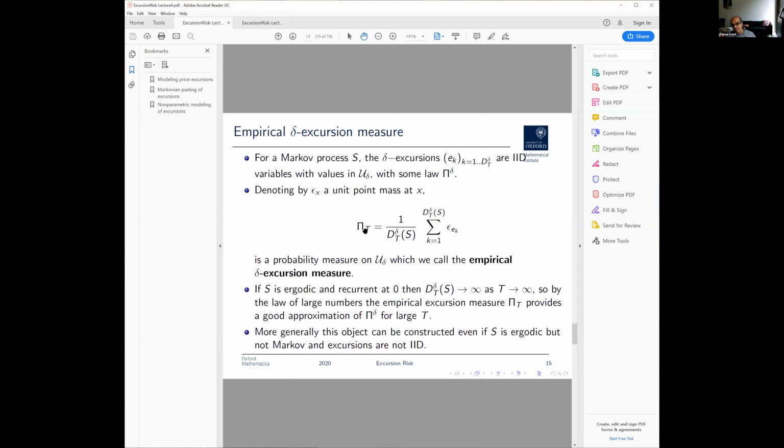These are some questions that have been partially studied for the Markov case in some examples, but in general they are open questions for the general case, and they have certainly not been studied beyond Markov. But as I tried to explain, this construction makes sense beyond Markov for an ergodic process. So it is interesting to see in what sense these things converge, and what we get as the limit.